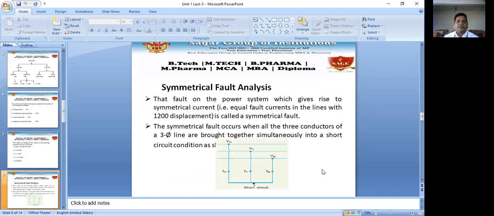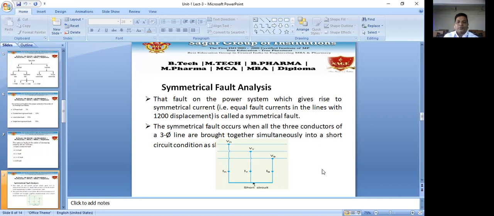Symmetrical fault analysis. A fault on a power system which gives rise to symmetrical currents, that is, equal fault currents in the lines with 120-degree displacement, is called a symmetrical fault. The symmetrical fault occurs when all three conductors of a three-phase line are brought together simultaneously into a short-circuited condition, as shown in the figure.